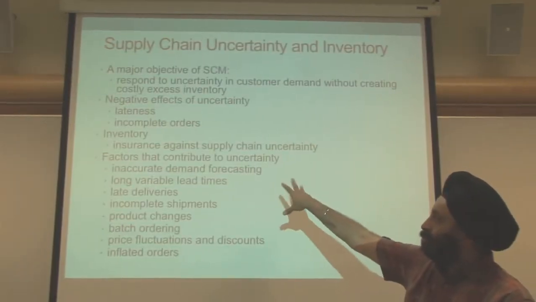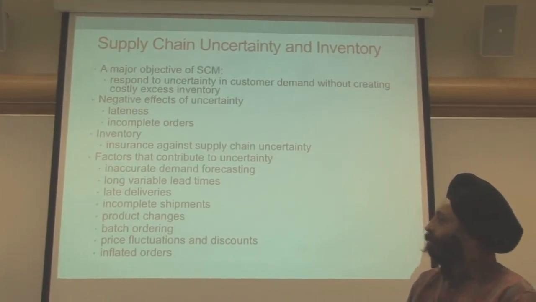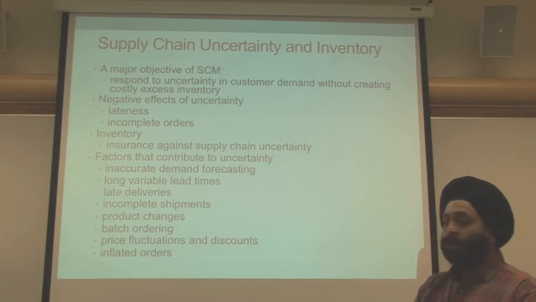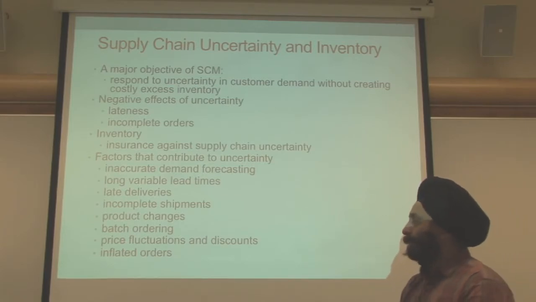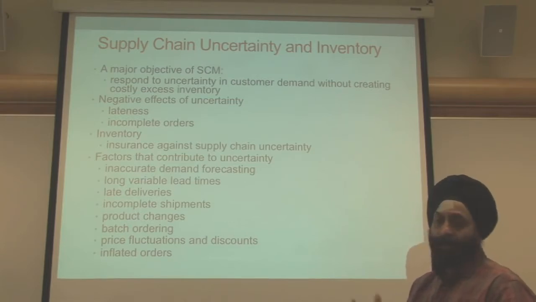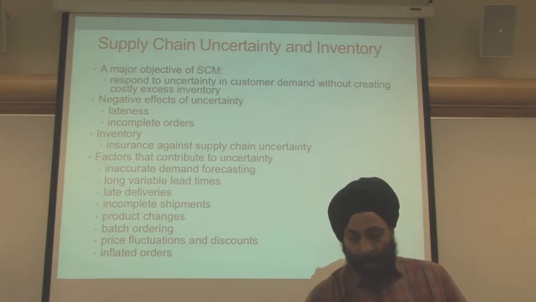Factors that contribute to uncertainty: inaccurate demand forecasting, long variable lead times, late deliveries, incomplete shipments, product changes, batch ordering, and price fluctuations and discounts. And also inflated orders. A lot of times there is padding of orders done by the customer.